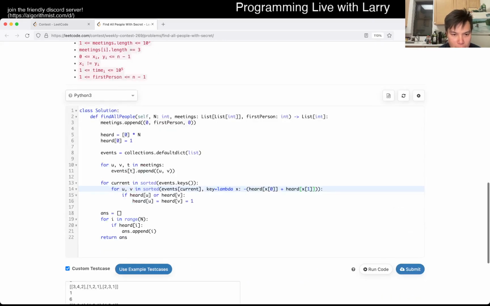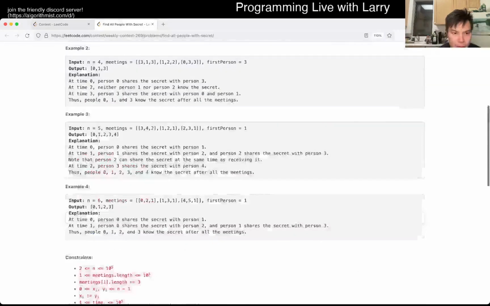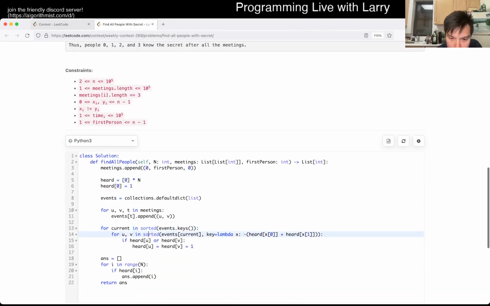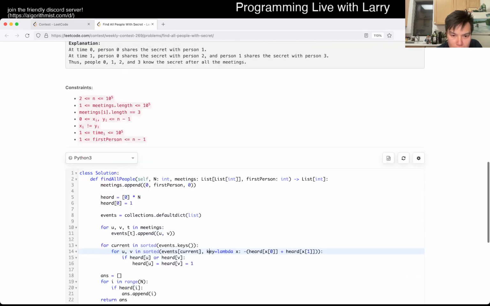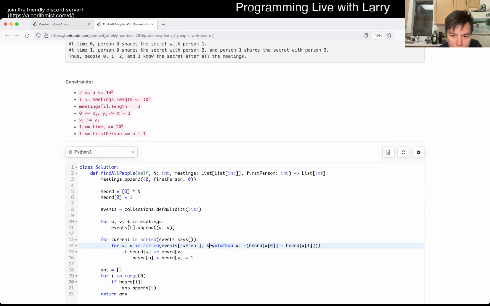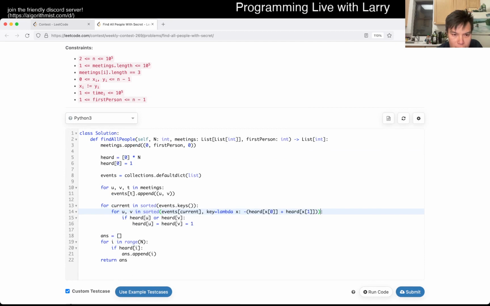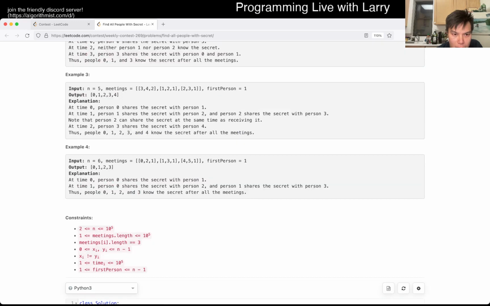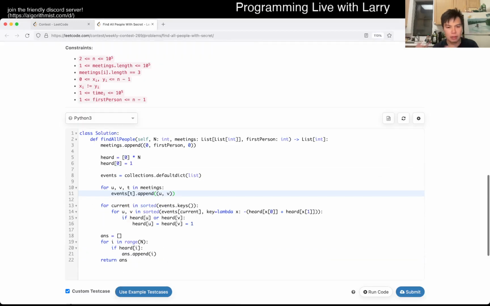I guess this is greedy, but did I mess up anything weird? Why?